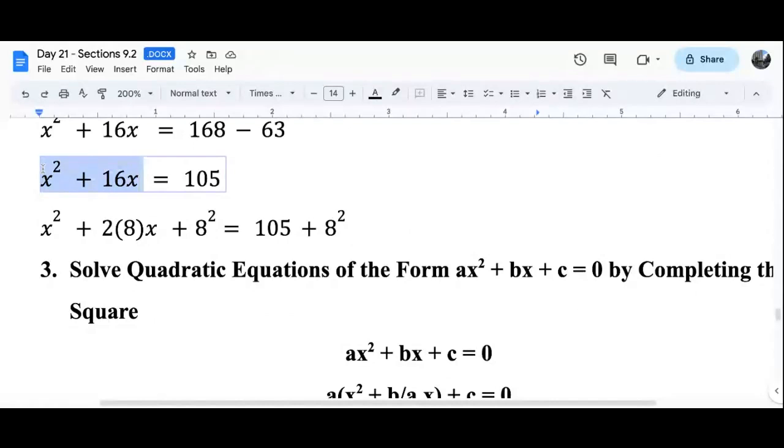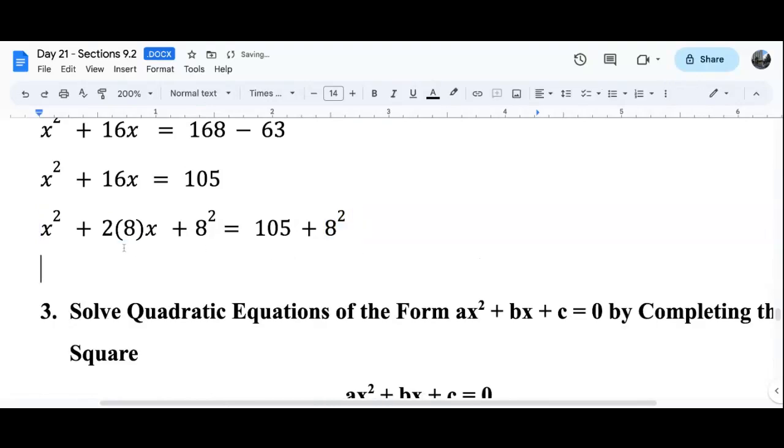I take the middle term 16 and divide by 2, that's 8. So 16 can be written as 2 times 8. Then I want to add a square on both sides since I have an equation.